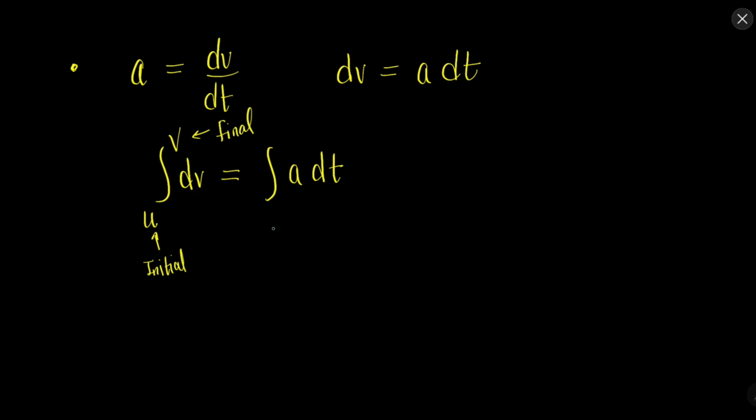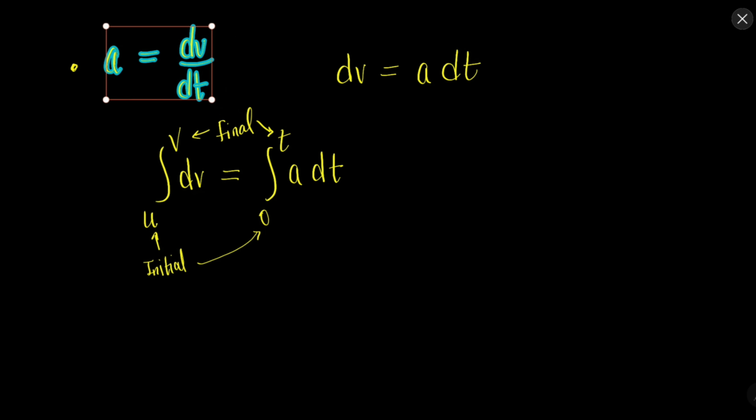Similarly, the time went from 0 to t, that is we started at 0 seconds and went up to t seconds. So this is the final thing and this is the initial thing. Just keep the notation in mind. Do not worry much, this notation will become clear once you do a few examples.